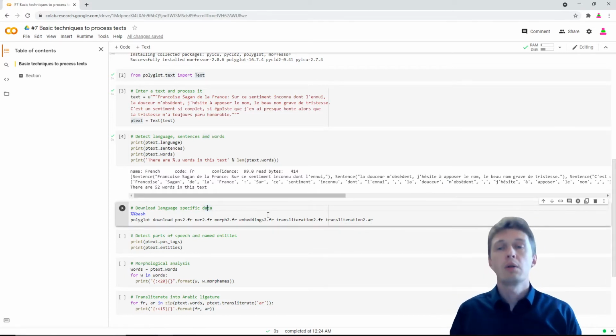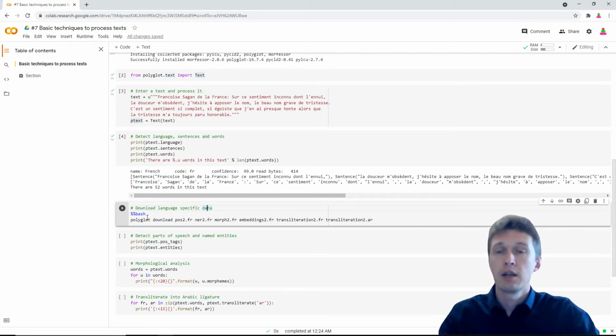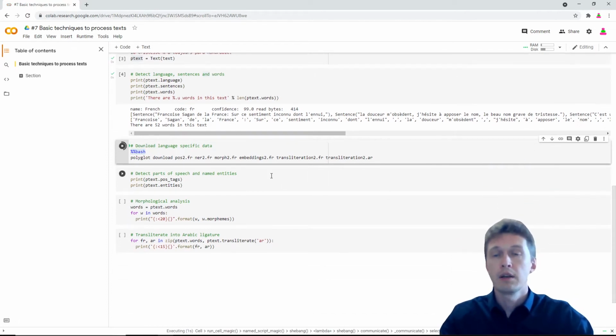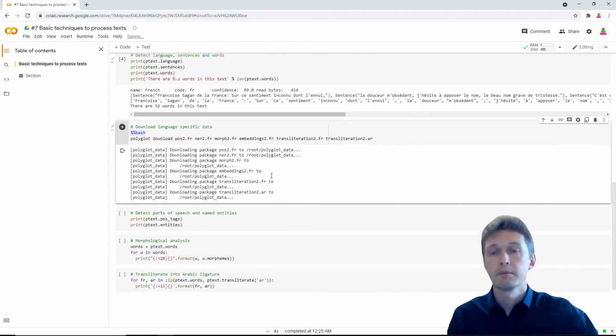Now we shall download language-specific data, such as parts of speech and named entities and transliteration, and please pay attention, these percent signs and bash mean that we will run it as a shell command right from this Colab cell, and Polyglot will download language-specific things over here.